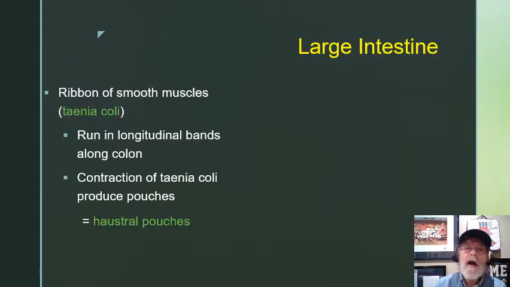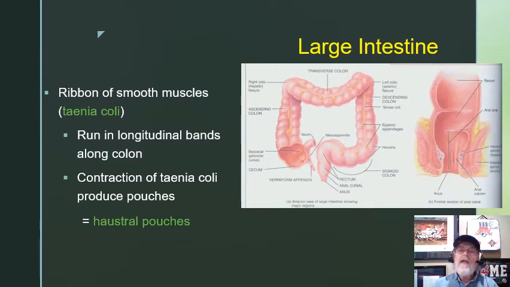The large intestine, like I say, has these teniae coli, which are ribbon-like. There are three bands, and they run longitudinally along the whole colon, and they pull it together and contract, and that's what causes those haustral pouches, like I talked about before. Haustra, H-A-U-S-T-R-A, or haustral pouches. You can see them here.